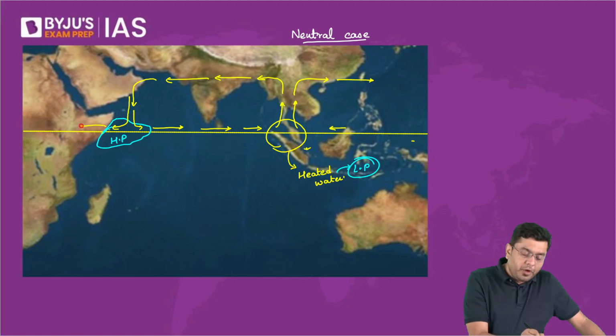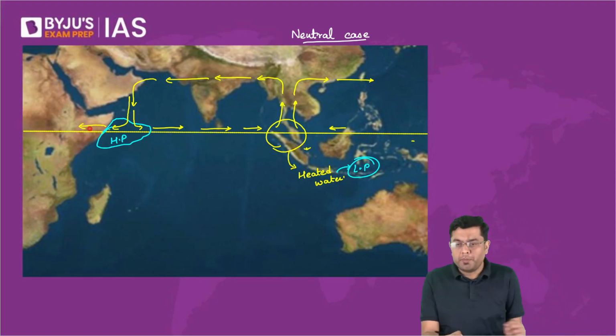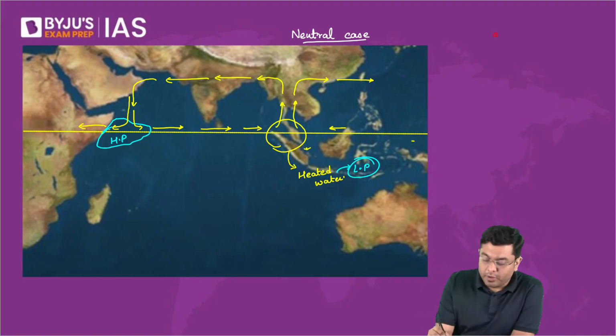So this is your neutral or the normal case. Here also you have the three phases: normal, negative, and positive.